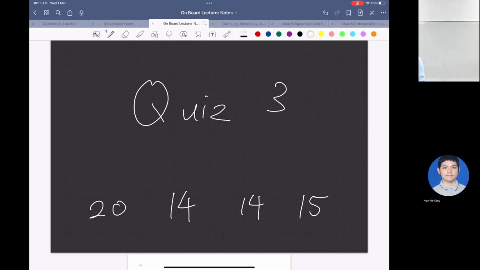Fourteen. Oh, one more absent again. Every time we must have one absent.